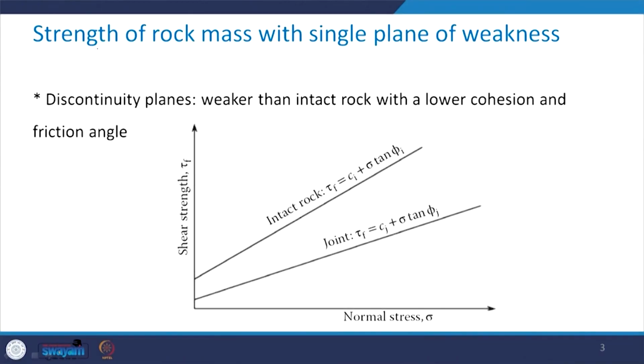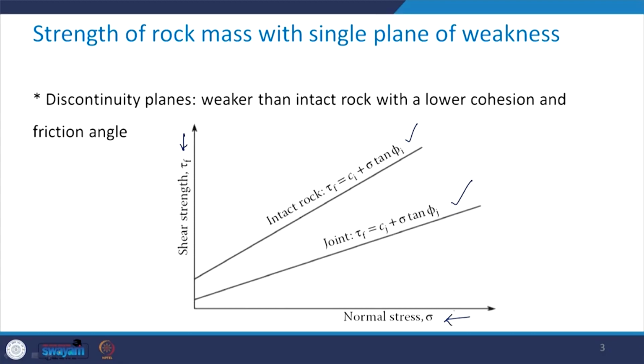What happens when there is an introduction of a discontinuity plane in the intact rock? The overall strength characteristic of the rock mass reduces as compared to the intact rock. In this figure, the plot for the intact rock and the joint has been shown in the space of shear strength tau f and normal stress sigma.